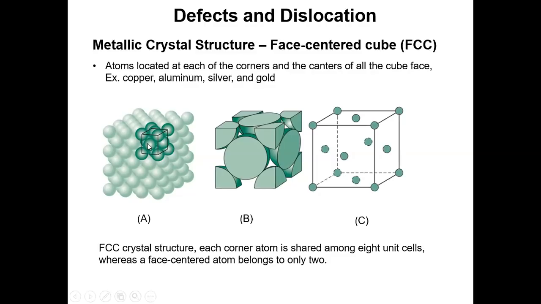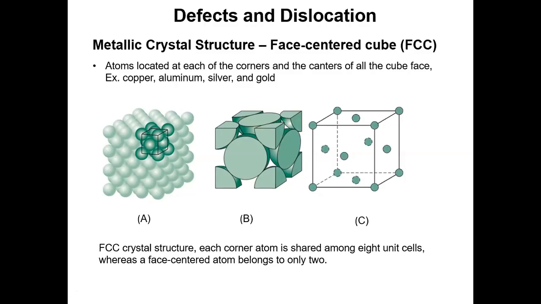We are talking about a unit cell, and I will explain how the atoms are located. In the FCC structure, there are atoms in each corner. A unit cell is 3 dimensional like this.